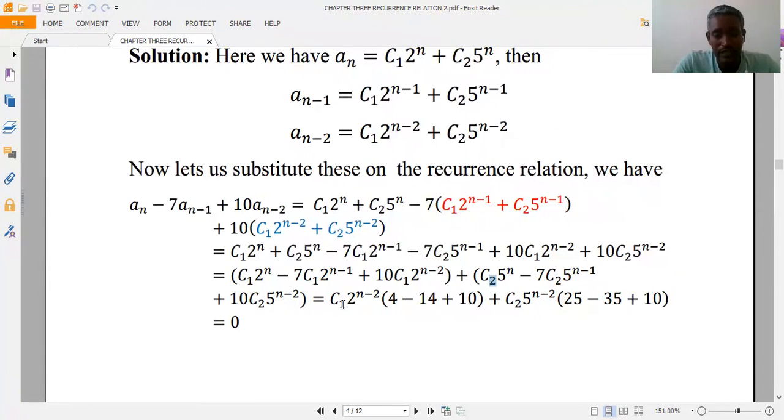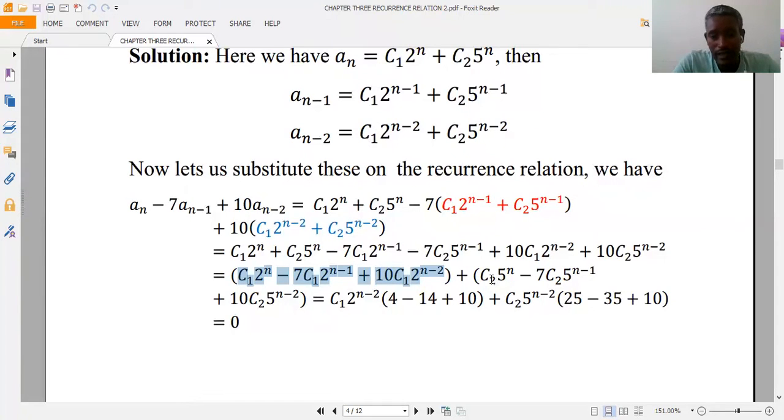Now, taking common C1 times 2 to the power of n minus 2 from the first part, from the first term you'll get 4, from the second term 7 times 2, which is 14, and from the last term you'll get 10.